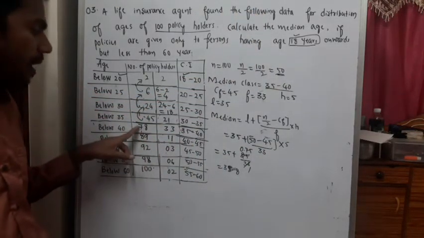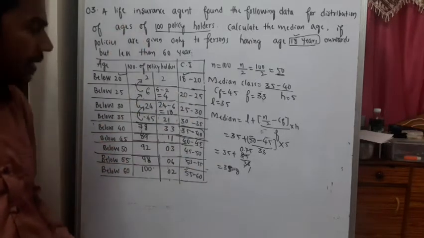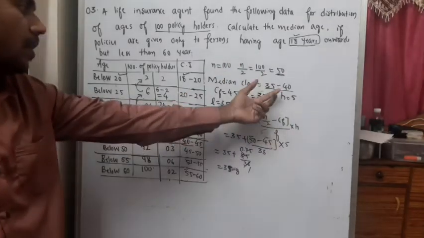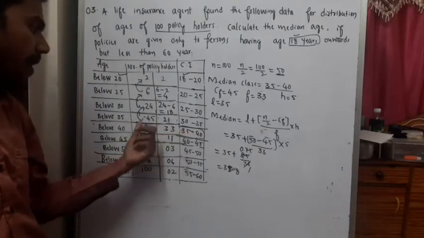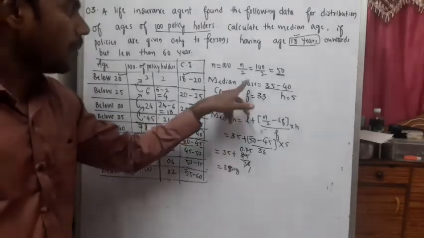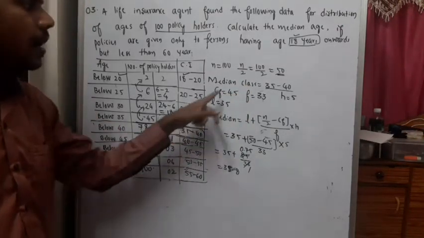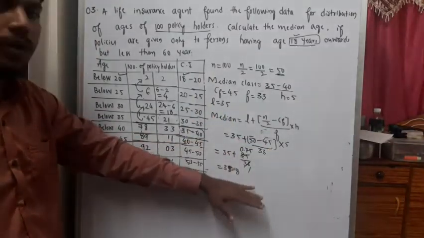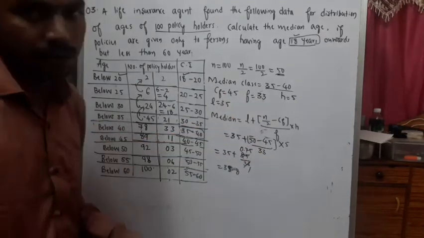Next, go to 78, which is near 50 and greater than 50. The class interval corresponding to 78 will be the median class. Note down the respective data required for the formula, substitute, and you arrive at the final value. Okay, so please note this down.